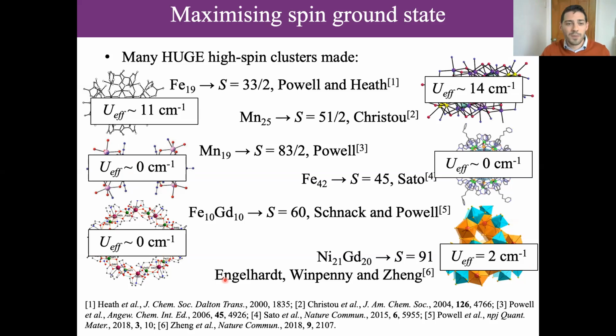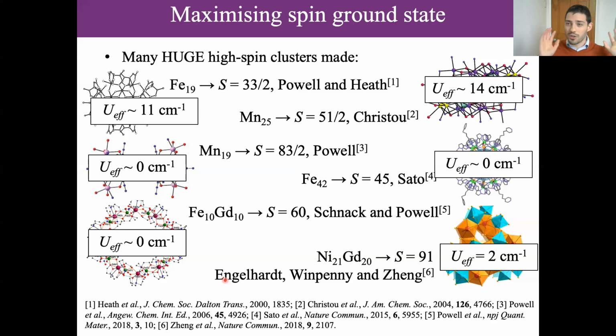That's the anisotropy. And what happens with these large polymetallic molecules is that you have the single ion or the local anisotropies of the ions, and they all point in different directions. And you have to somehow corral them all to point in the same direction in order to get the projection of all of that anisotropy onto the coupled spin ground state.